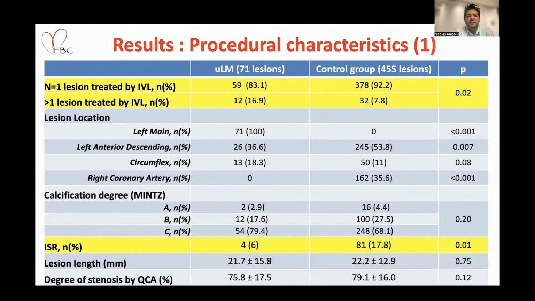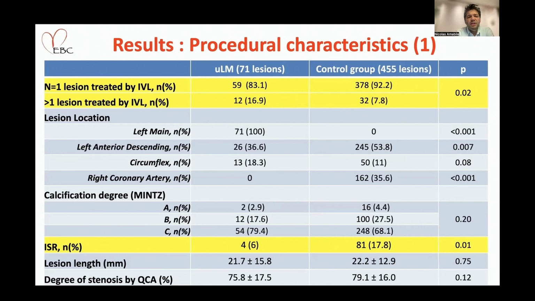As you can see on this slide, there was more frequently more than one lesion treated by IVL in the patients from the unprotected left main group, which makes sense. But the prevalence of intrastent restenosis among the treated lesions was much higher in patients from the control group compared to the patients from the unprotected left main group.